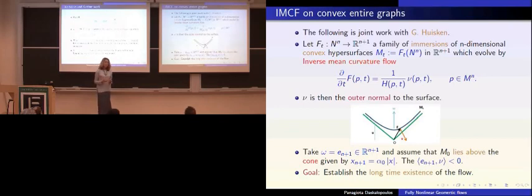The reason we started looking at that is because long ago I did some work with Manuel Del Pino on ultra-fast diffusion equations, and of course we saw that H satisfies an ultra-fast diffusion equation. In this work we saw that in the non-compact case, infinity plays a weird role because you have ultra-fast diffusion.